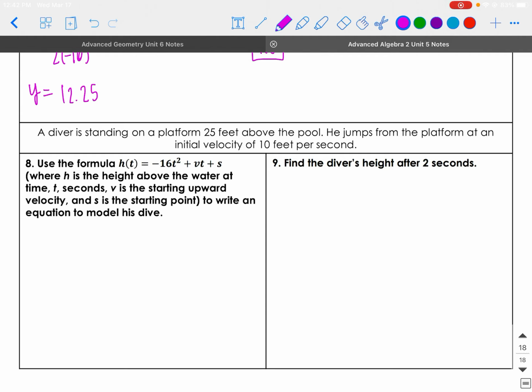And last one. A diver is standing on a platform 25 feet above the pool. He jumps from the platform at an initial velocity of 10 feet per second.